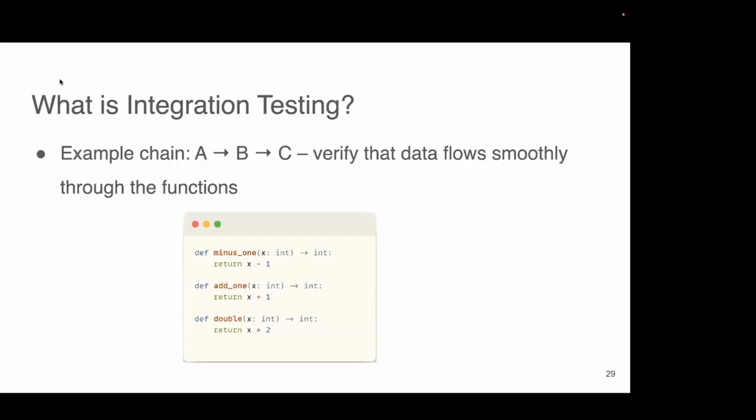So we can think of an example where you have three different functions, A, B, and C, and you want to test them all working together. We can define some example functions: minus 1, add 1, and double.